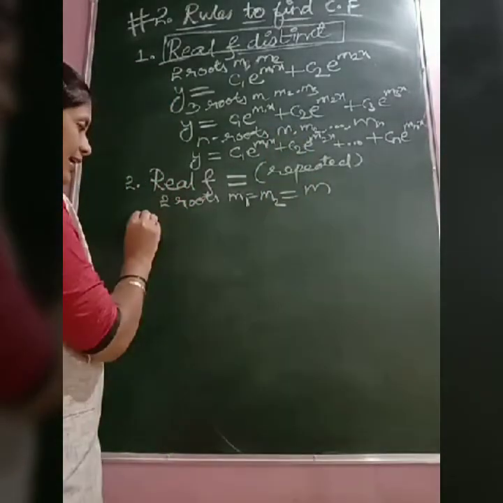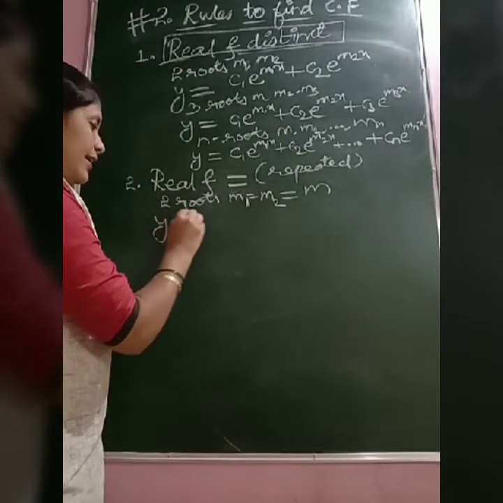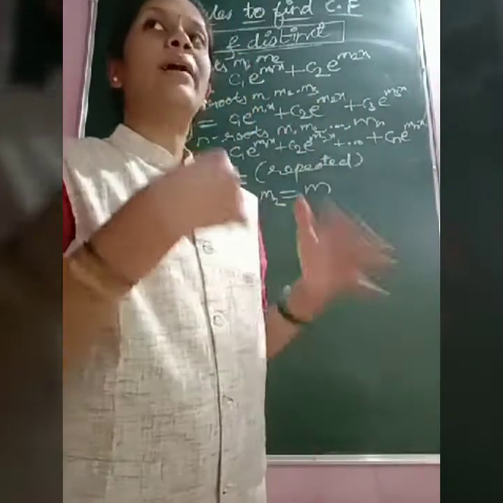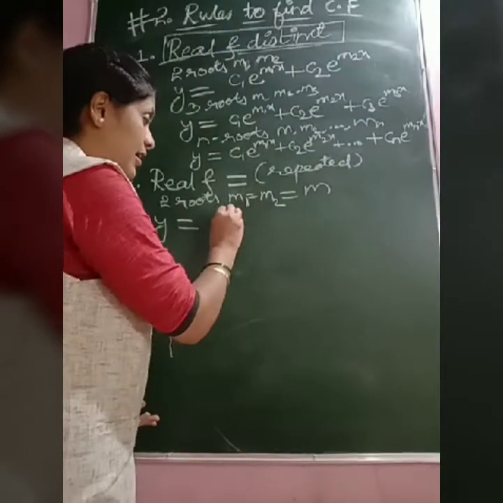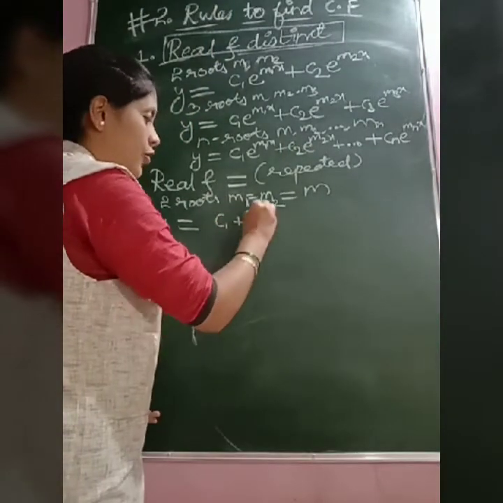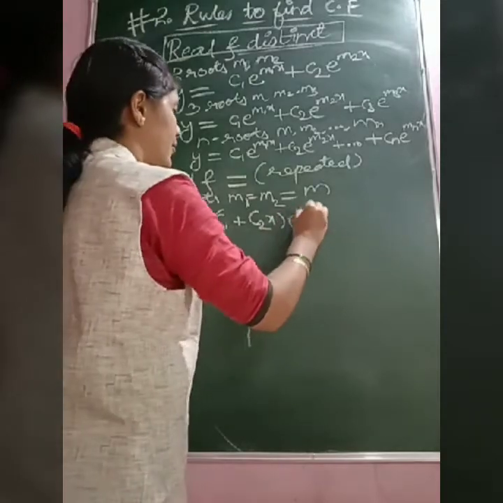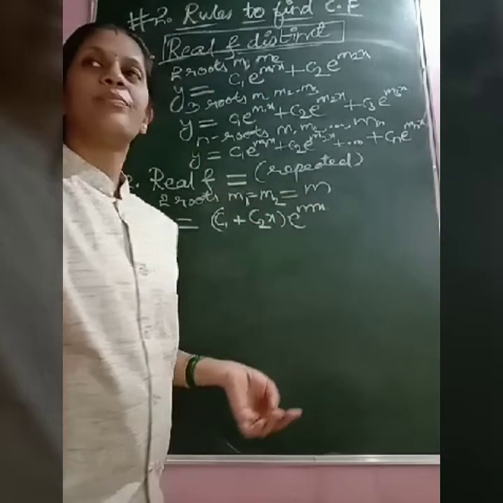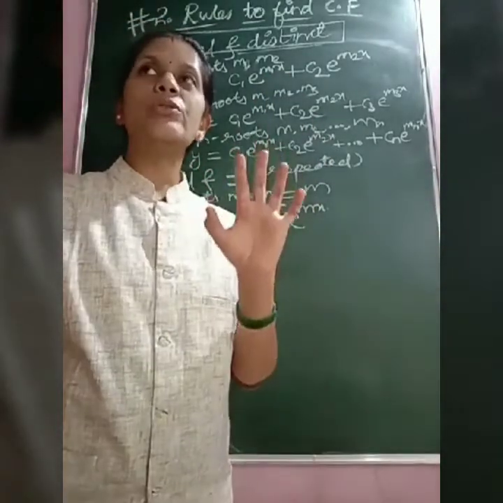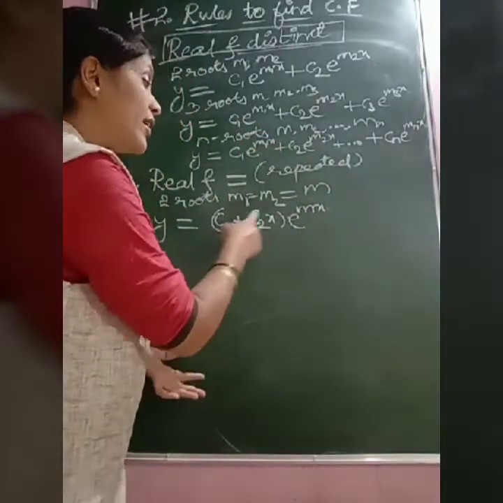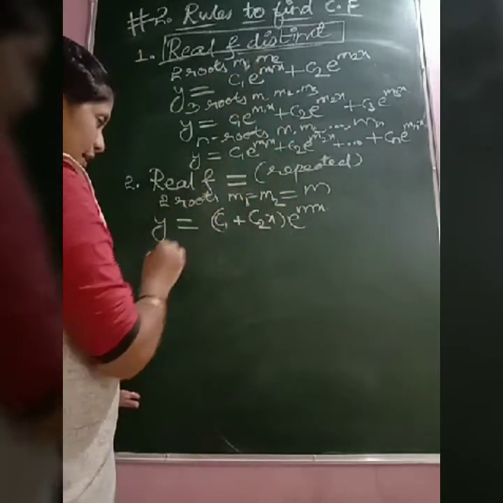Then how can I write CF? Y equal to, two roots, two constants will come, but the fashion is ascending power of x: C1 plus C2x, e power mx. So for two roots real and equal, we write C1 plus C2x e raised to mx.